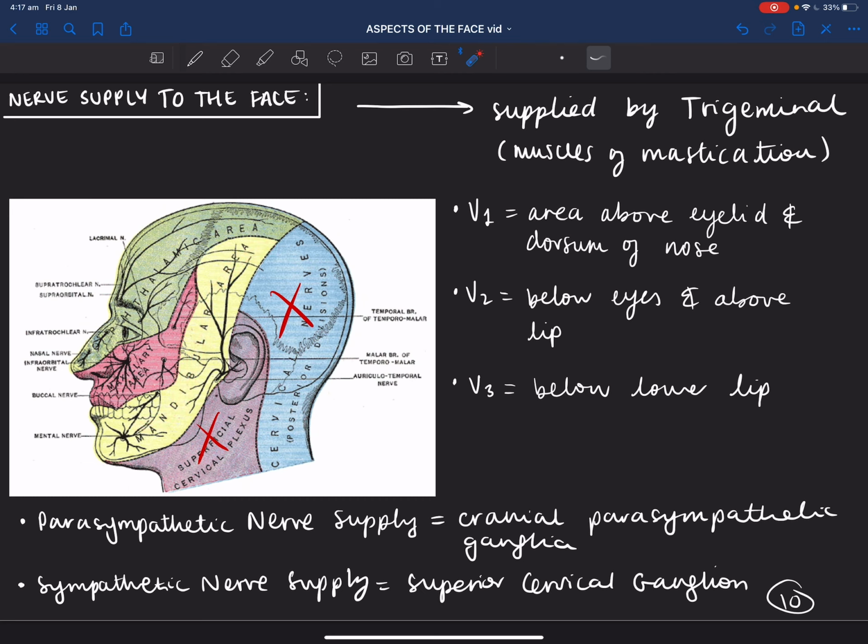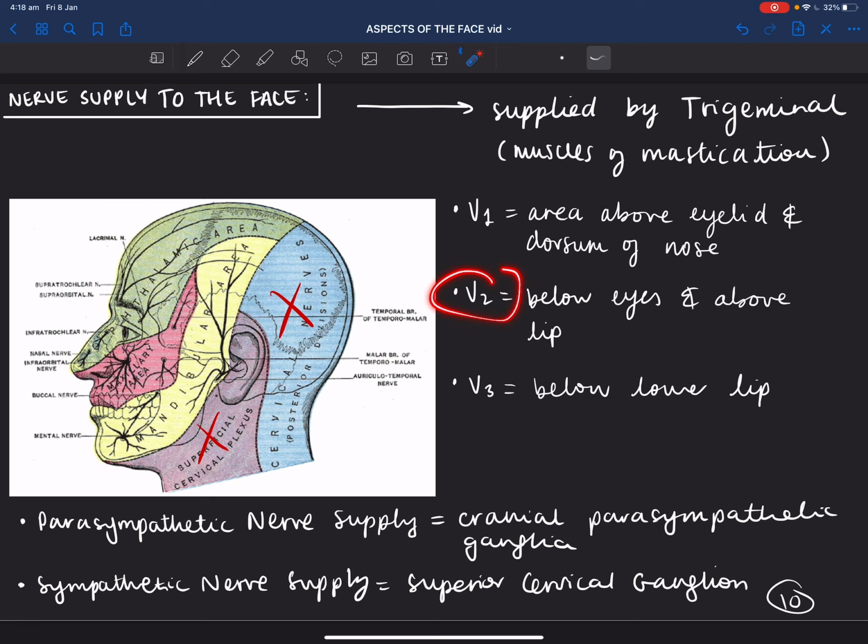Okay, so V1, or the ophthalmic division, innervates the area above the upper eyelid and the nose, and it supplies the face as the supraorbital, supratrochlear, infratrochlear, external nasal, and lacrimal nerves. These are just different nerves within the ophthalmic division. You don't really need to remember them.